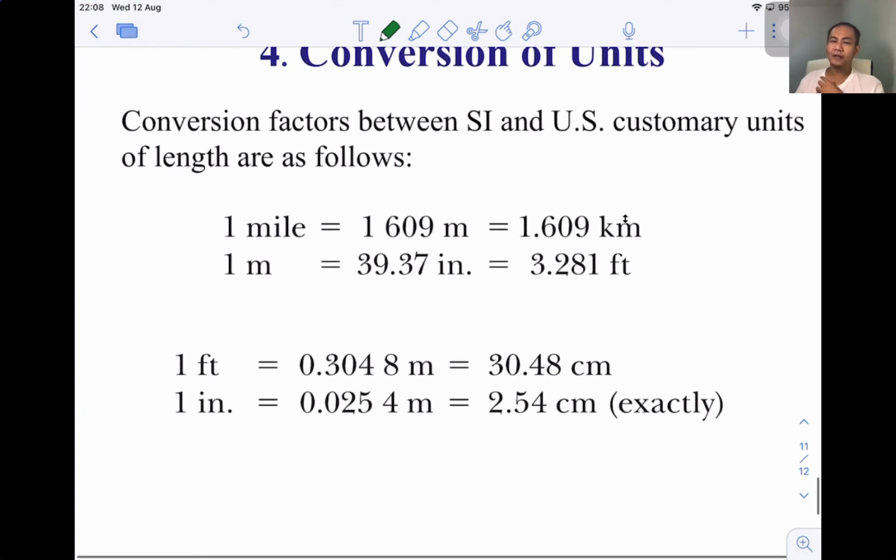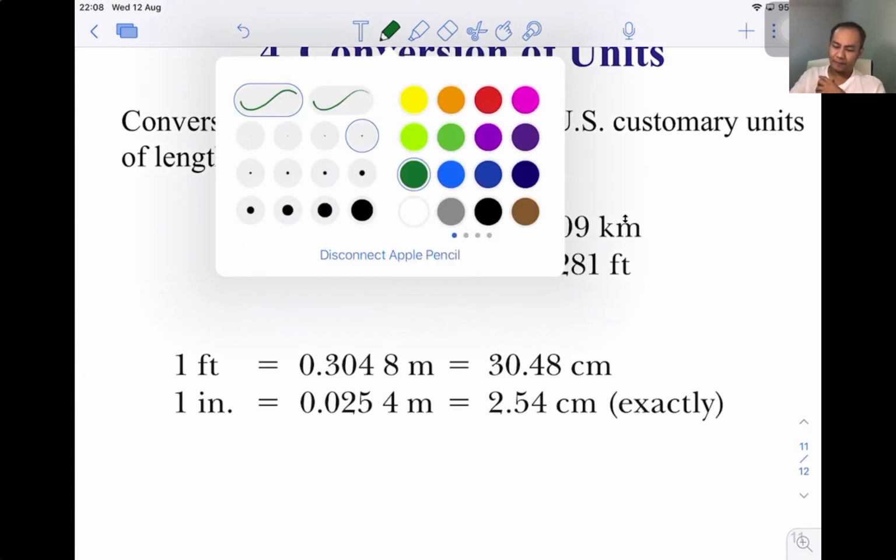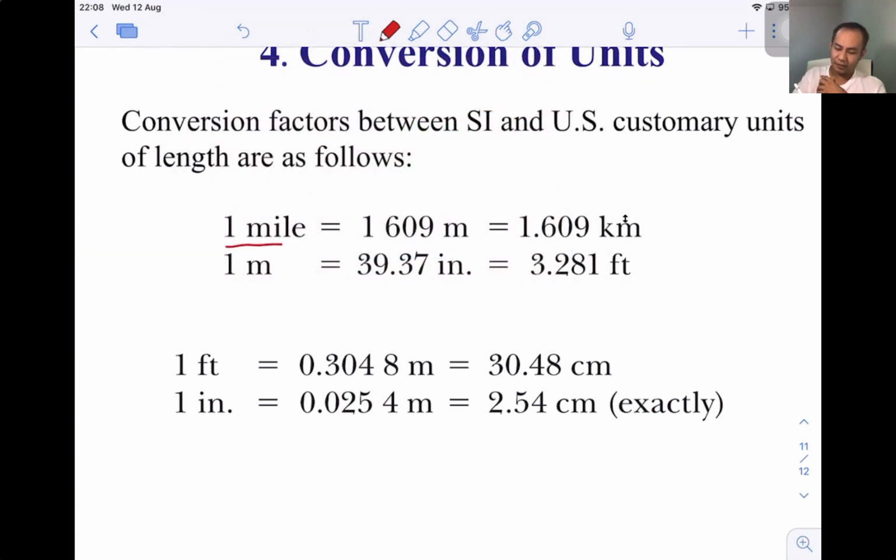For example, 1 mile is equal to 1,609 meter or 1.609 kilometer. Okay, and 1 meter will be 39.37 inch for example.